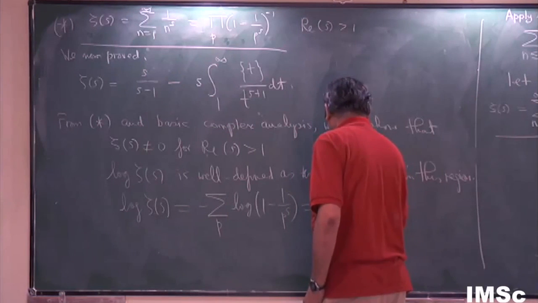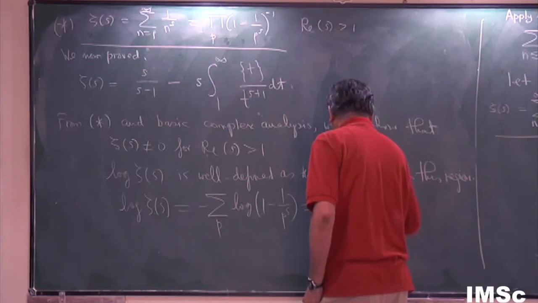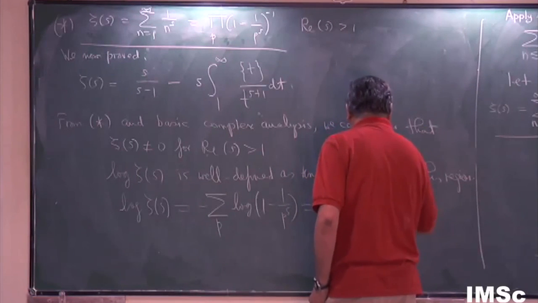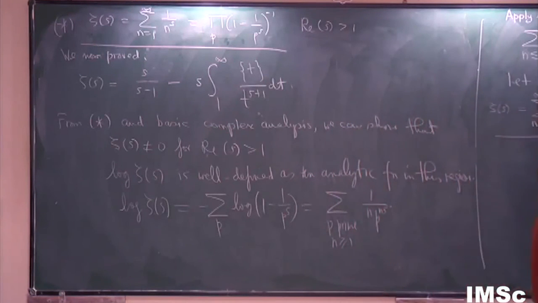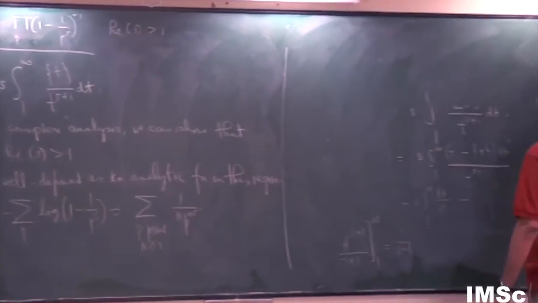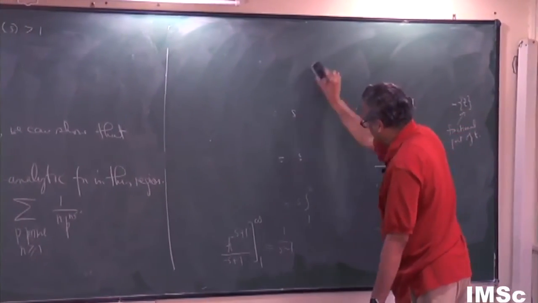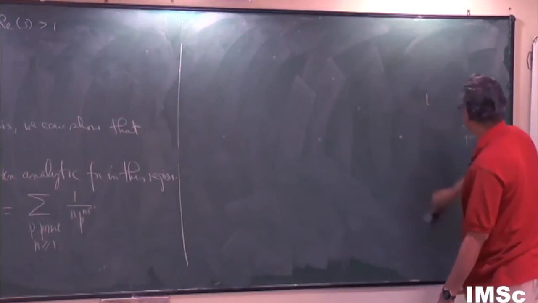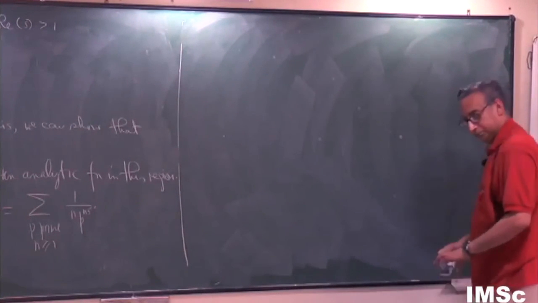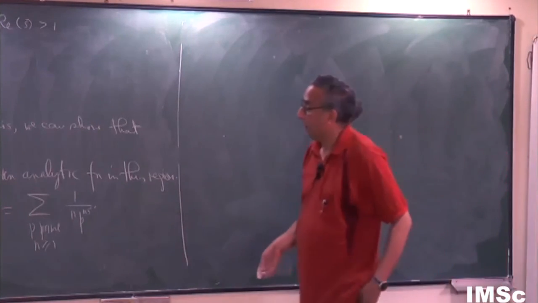Sum over p prime, n greater than or equal to 1, of 1 over n p to the ns. All right.